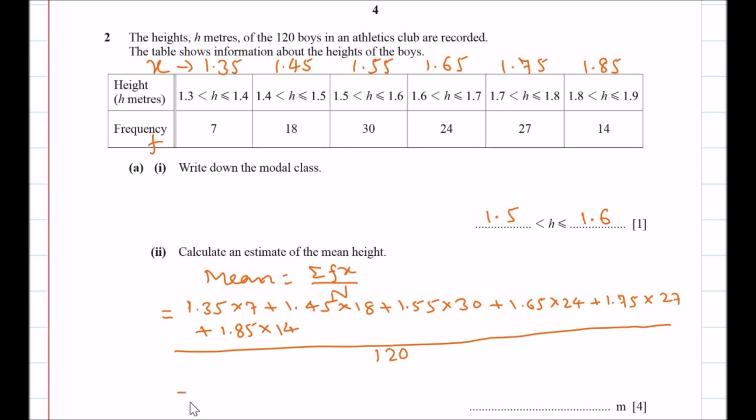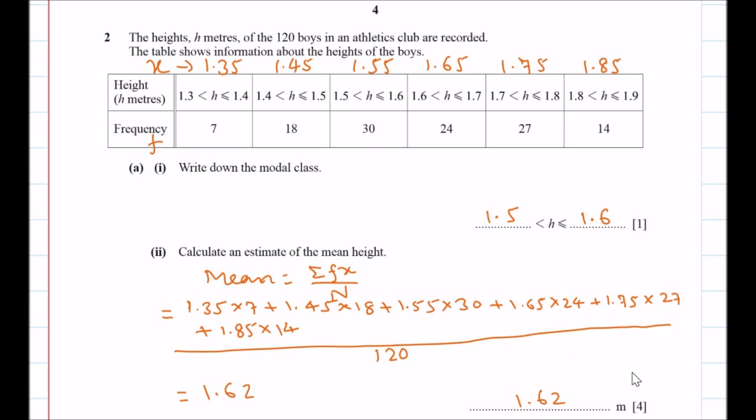When you divide this, we are getting 1.62. So here you need to write 1.62. This is how we estimate the mean from a grouped frequency table.